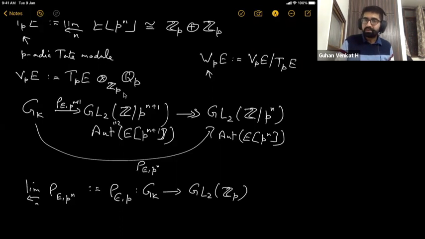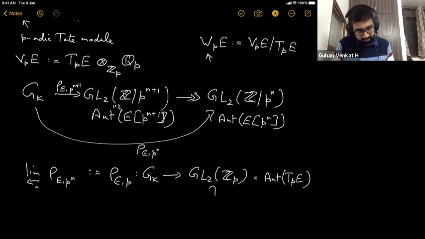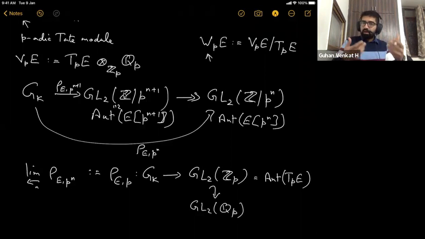So this was also on the flyer, and you think of this as the automorphism of the p-adic Tate module associated with the elliptic curve. It's also quite useful to think of Z_p as a lattice in Q_p, so you can look at this injection.